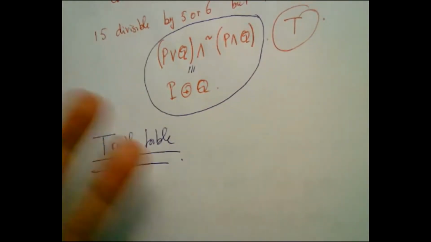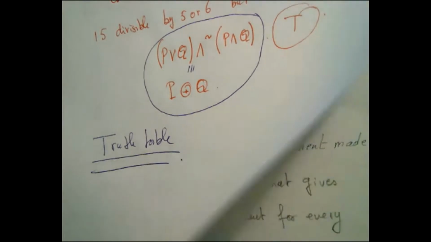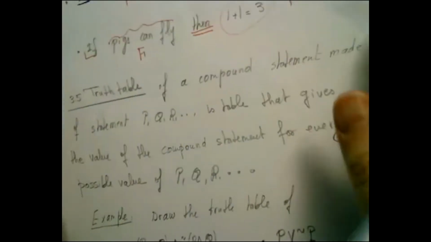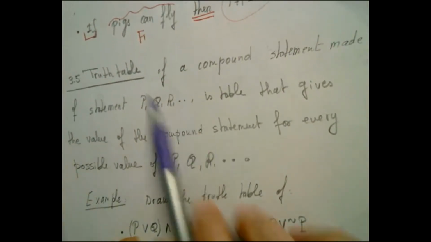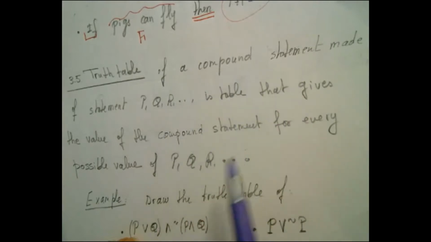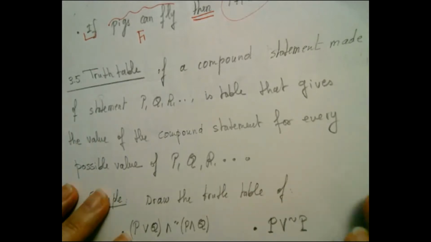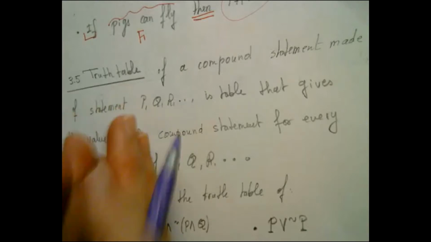Okay, so to be able to know whether two things are the same, we need the notion of a truth table. What is the truth table? I will put it out and then we will work with it. Suppose you have a compound statement. What do I mean by compound statement? It means a statement like what we're working with. It means not one statement like 2 is even.